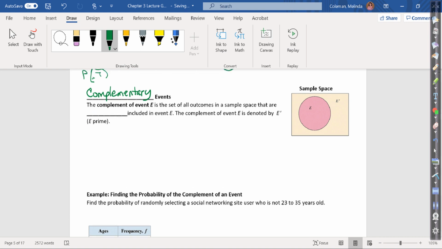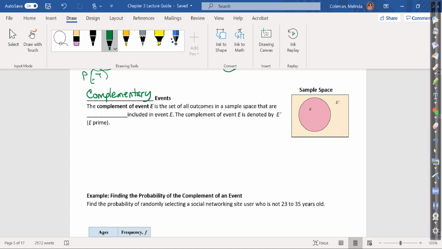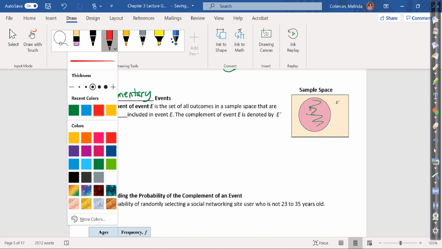So the complement of an event is the set of all outcomes in a sample space that are not included in the event. So this is the event. This would be outside here, would be everything not in the event.